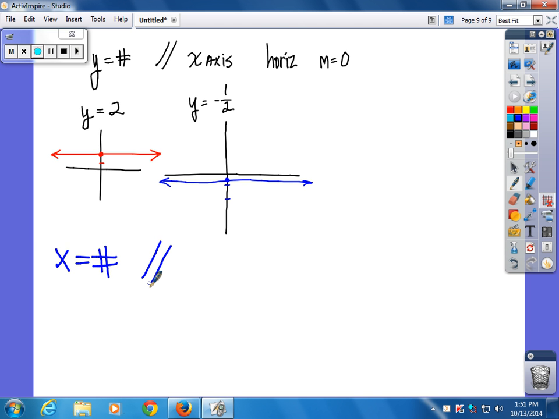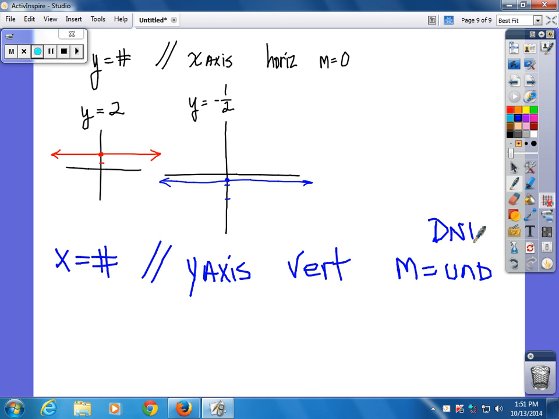If y is equal to a number, it's parallel to x. If x is equal to a number, it's parallel to the y-axis. So what kind of line is it? Vertical line. Slope is undefined, or does not exist, whatever you want to put.